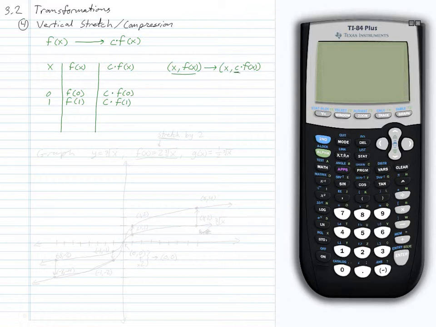So if c is a large number, we're going to stretch our y coordinates vertically. If c is a small number, if c is a half or a quarter, something along those lines, we're going to compress our function's graph vertically. All of our y-coordinates are going to get half as tall, or a quarter as tall.